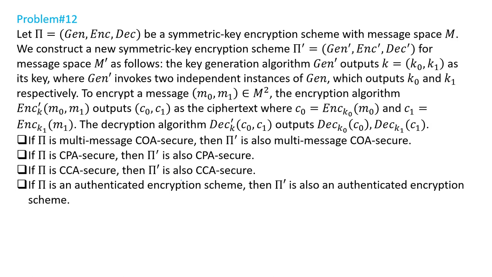To encrypt a message of the form (m0, m1), the encryption algorithm outputs (c0, c1), where c0 and c1 are respectively the encryption of m0 under key k0 and encryption of m1 under key k1. The decryption also works in a similar manner.